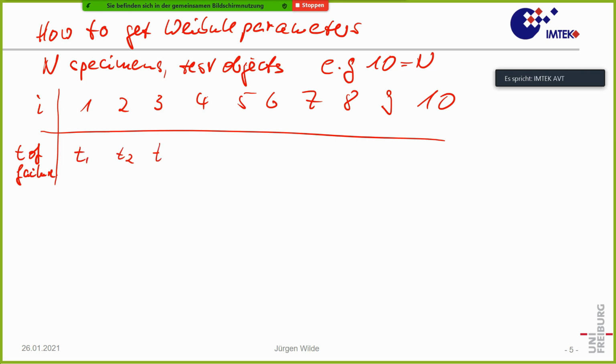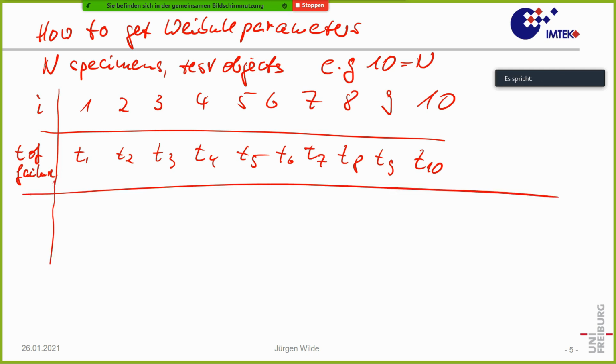Then how will we proceed with these data? There must be a small correction to the data in order to compute the failed portion.